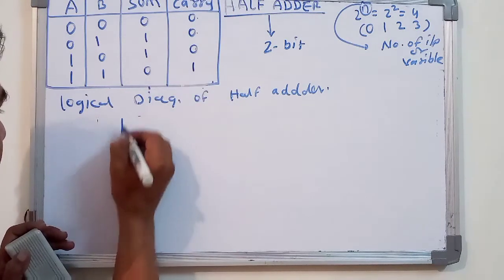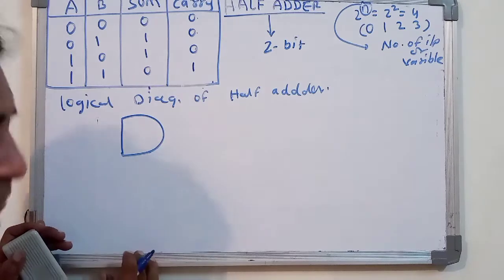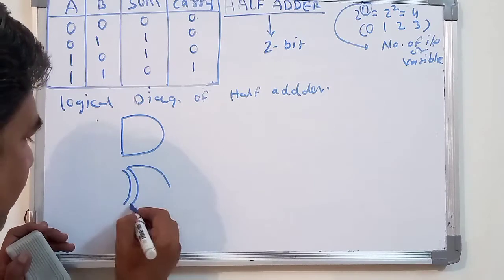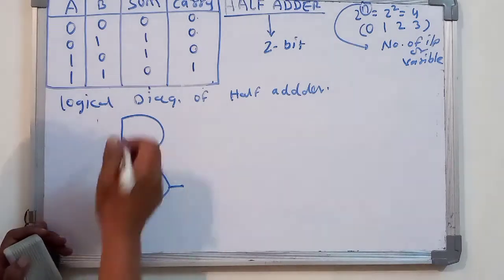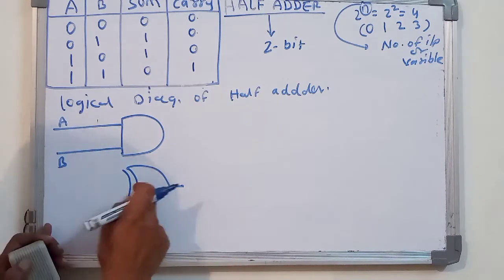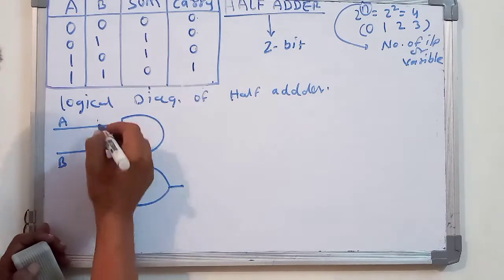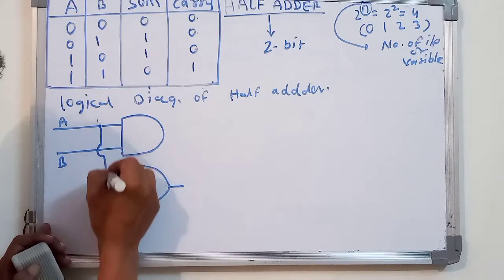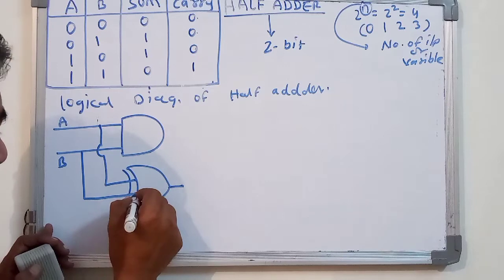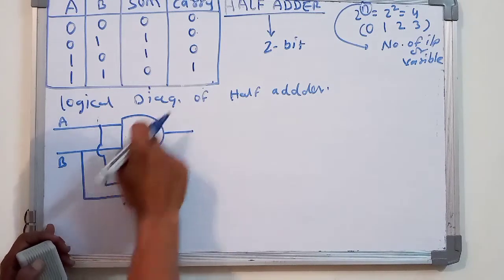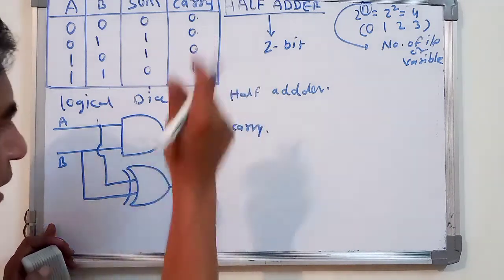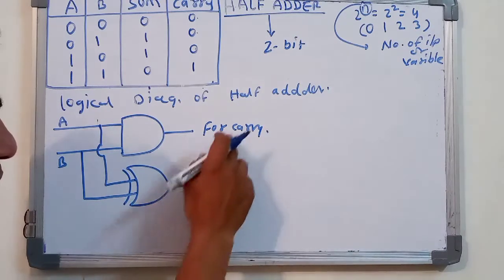First you require the AND gate, and second you require the XOR gate for designing the half adder. Here you will have the variables A and B, and the same variables are connected again. From this input, you connect A to the XOR gate input and B to the XOR gate. This AND gate is used for carry. For carry, you write it down here because it is very important.